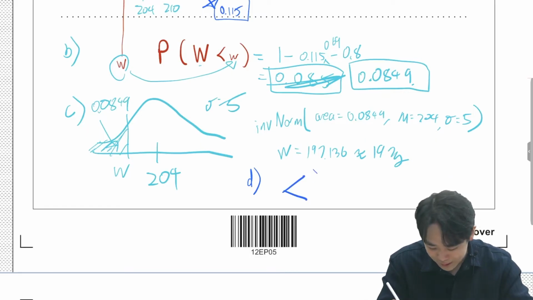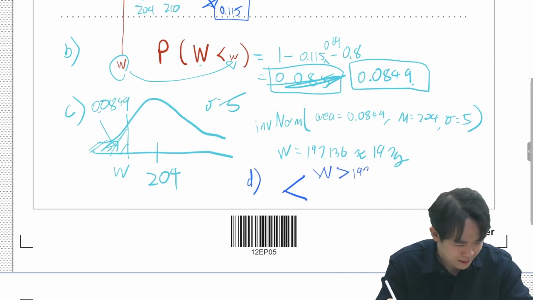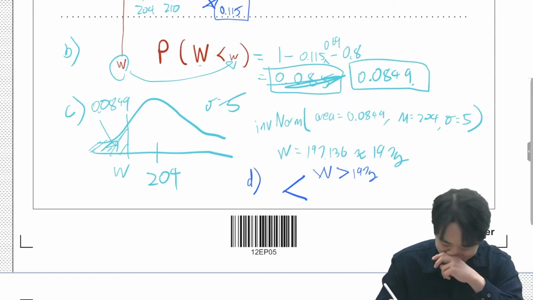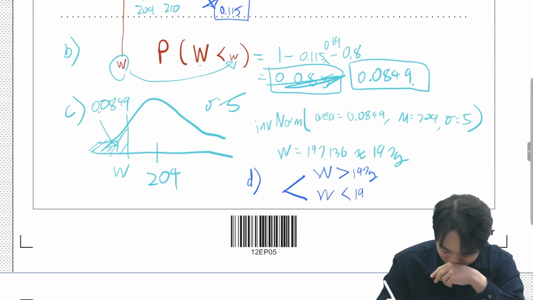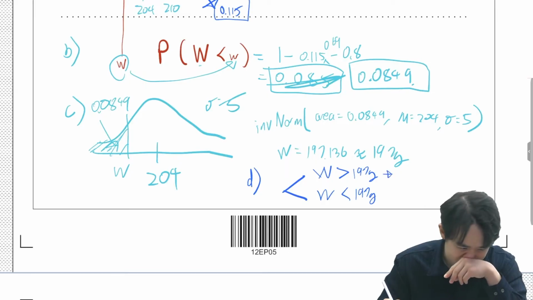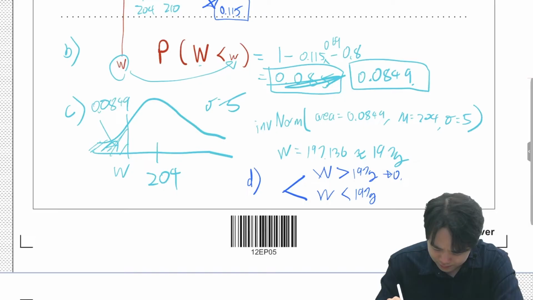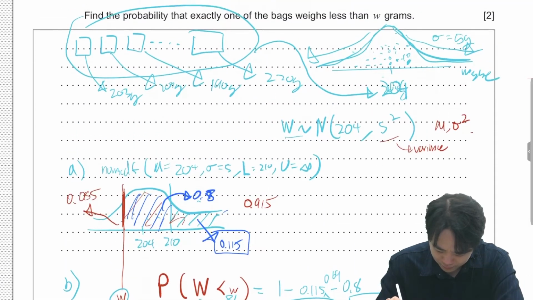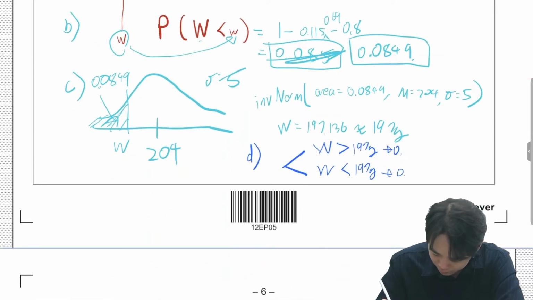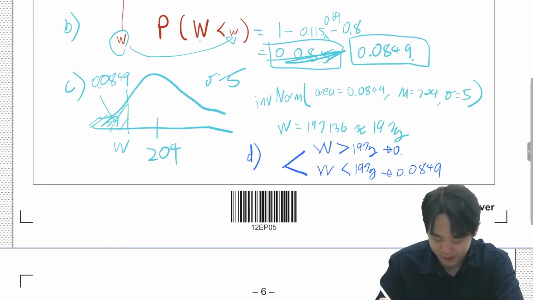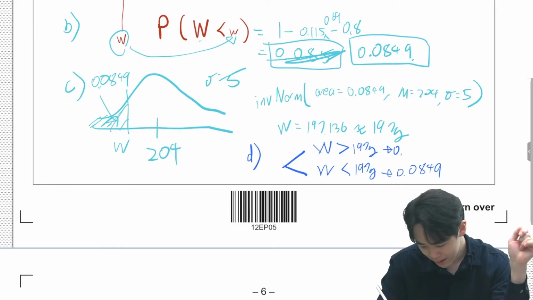One is that the weight is greater than 197 grams. And the other case is when the weight is less than 197 grams, right? So we have 0.0849 as being lighter than W, and greater than W is 0.085.